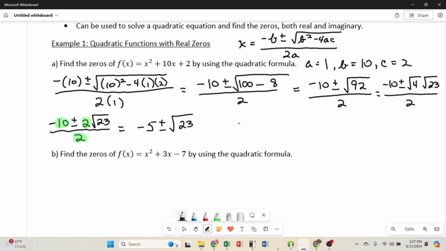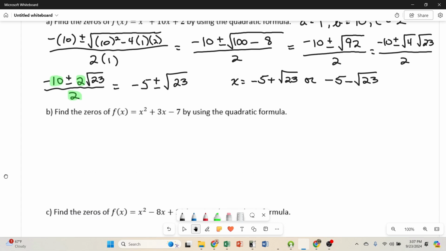So x is either equal to negative 5 plus the square root of 23 or negative 5 minus the square root of 23, and we would leave our answer like that. And those are real numbers. They're ugly. They're not good to look at. They make everybody in the room uncomfortable, but they are definitely real number answers.